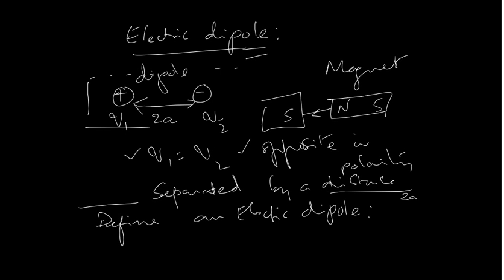They are separated by some distance. Good question. In derivations, we have to take half of the distance. If you take a and then consider half of the distance, you'll get fractions like a by 2. That's why, for convenience's sake, he puts it as 2a.